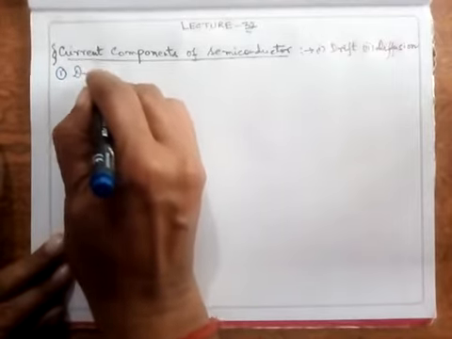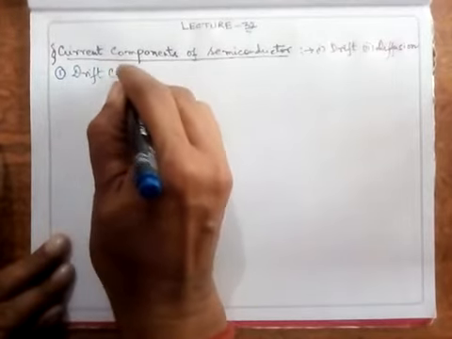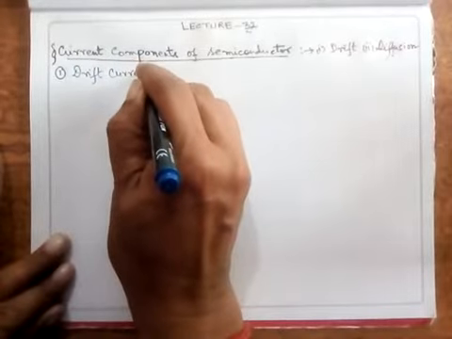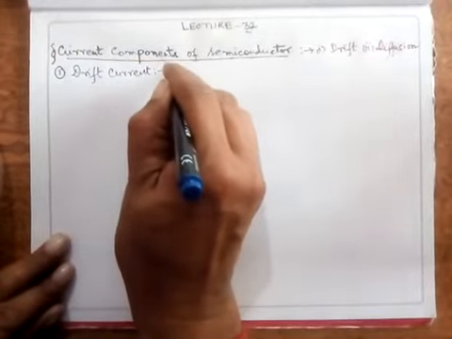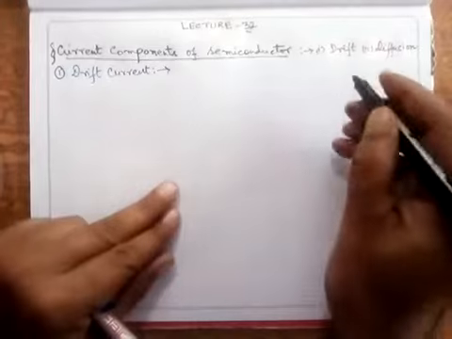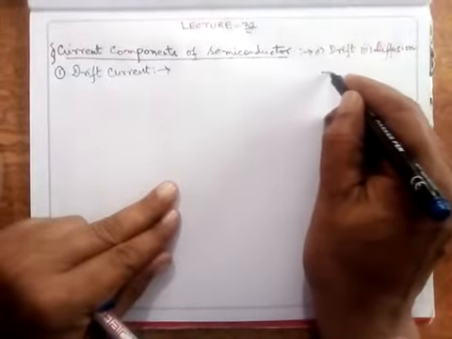I have already discussed drift current a little bit with you. As I told you, suppose this is a conductor here.